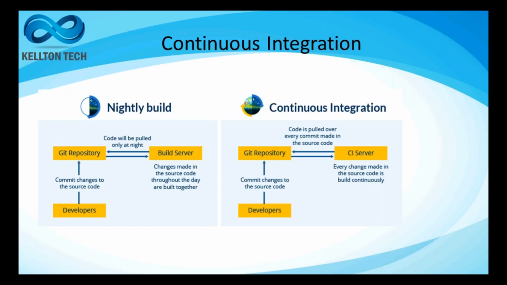In continuous integration, Jenkins will pick the code from GitHub, build it using some tools, and push the code into the production environment during off business hours. That is one way, the nightly build. In continuous integration, as soon as the code is available and everything is tested, you can keep pushing the code into production continuously.